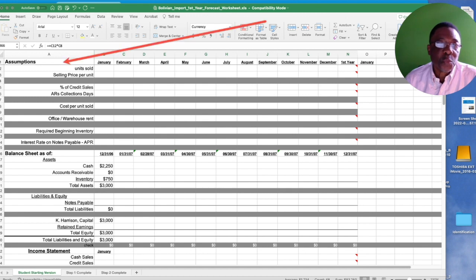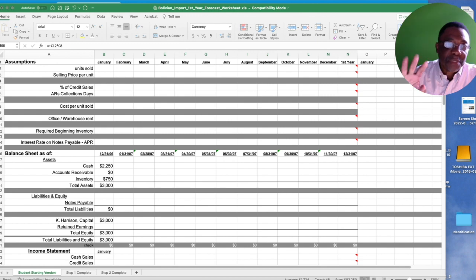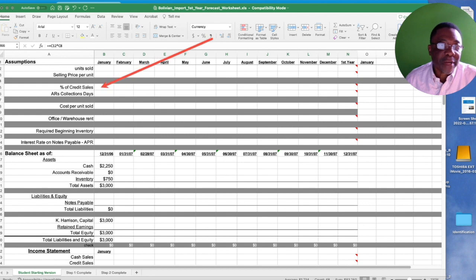So on the assumptions worksheet that you've already prepared, you have all of these items except for four. The four items you do not have are credit sales, accounts receivable collections days, required beginning inventory, and the interest rate on notes payable. Everything else you already have. You have units sold, selling price per unit, cost per unit sold, office/warehouse rent.